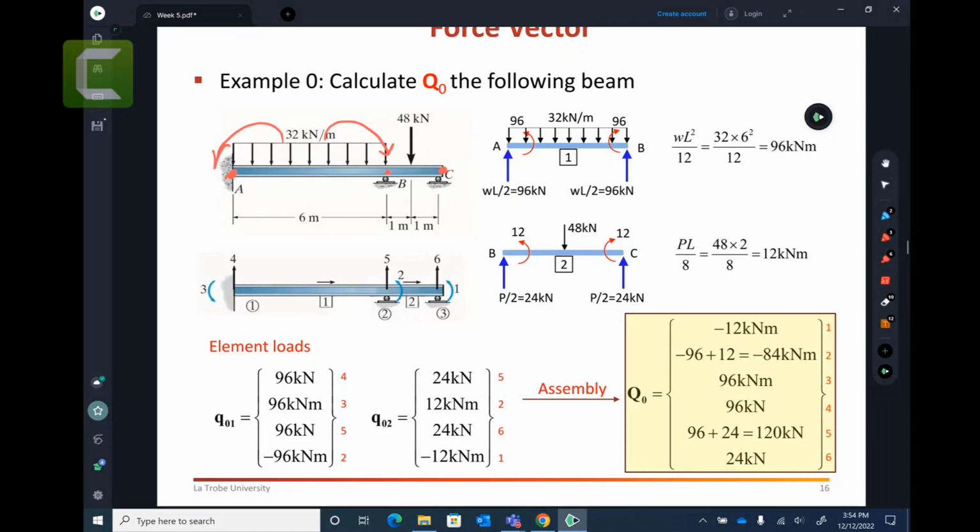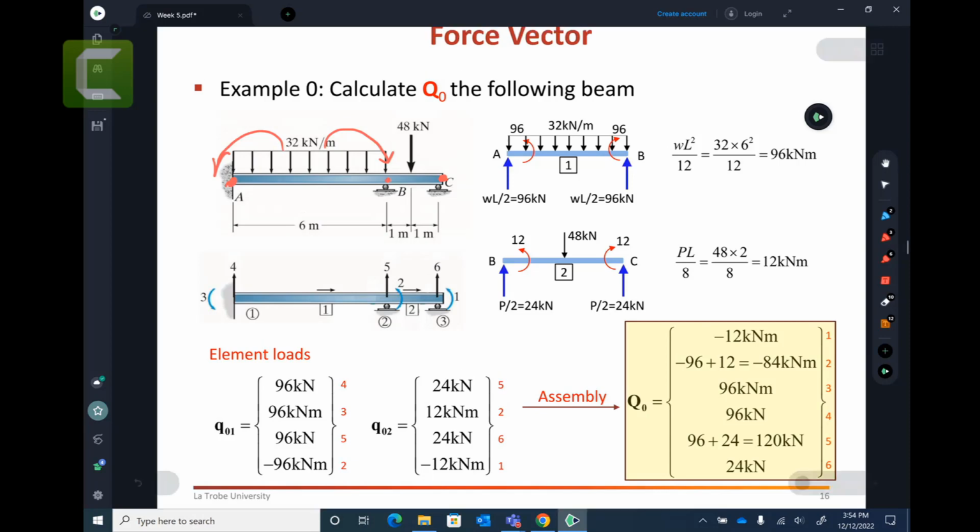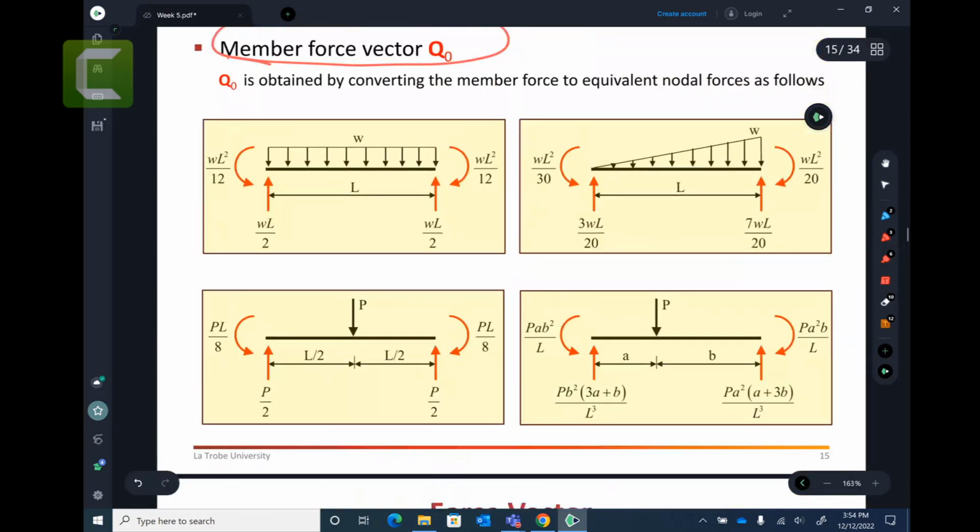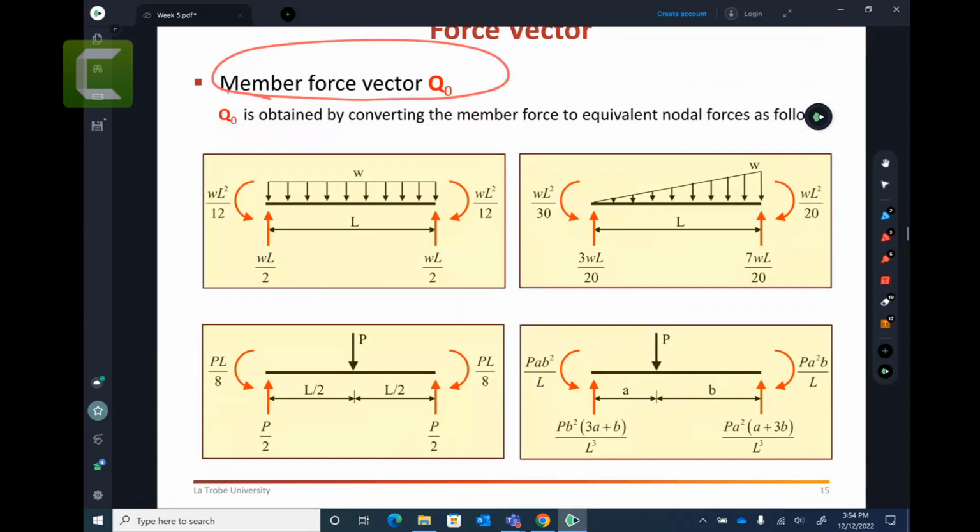So that's our main goal. At that time, we will use these figures. You can look at that. If you have a member with a UDL load and you want to calculate the force going vertically, it is WL divided by 2, WL divided by 2.